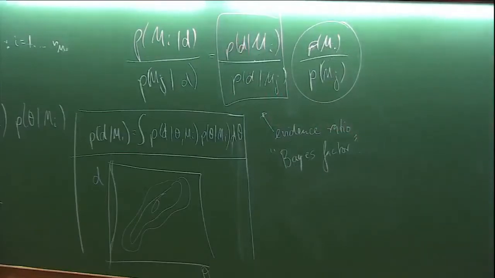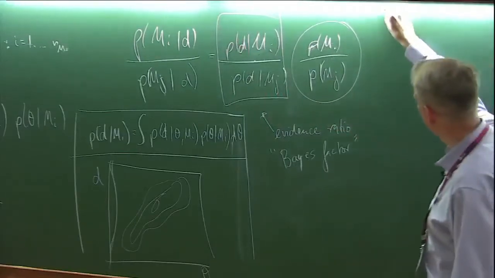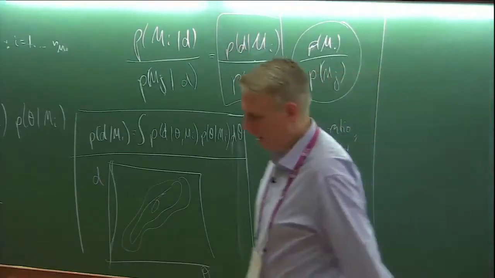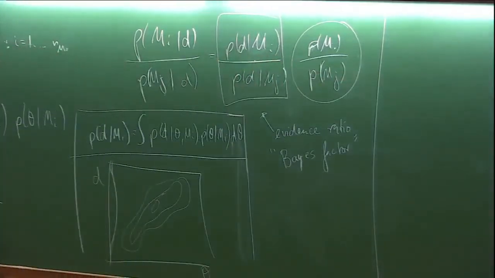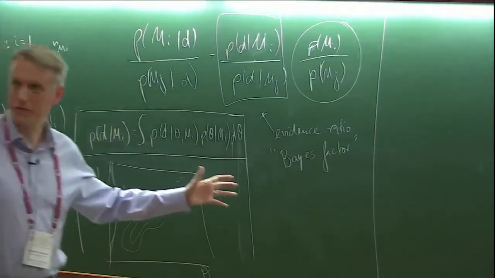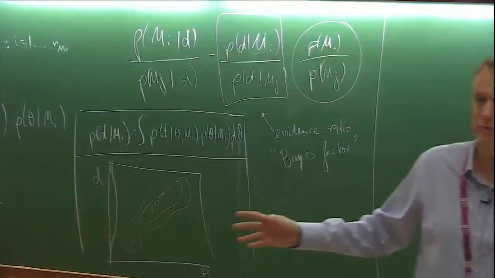Let me give you an example. Let's say I want to invest my money in the stock market, and I talk to investment advisors. I have two investment advisors that I talk to, and I don't know which one to believe.